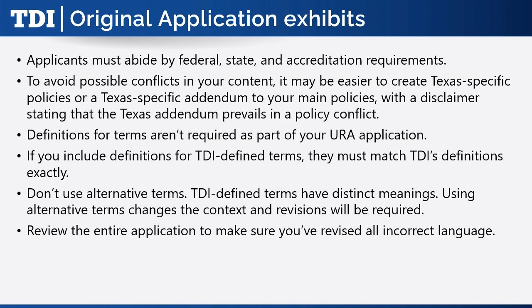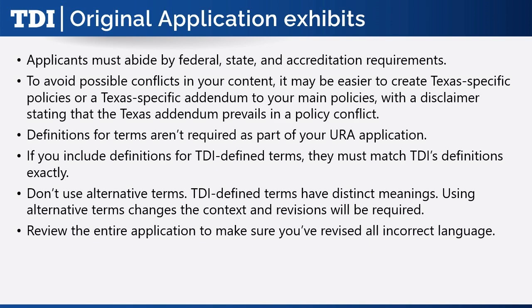Definitions for terms are not required as part of your URA application content. However, if you choose to include definitions for TDI-related terms, those definitions must match TDI's definitions exactly. Do not use alternative terms in your content.